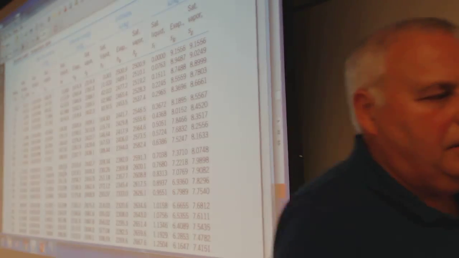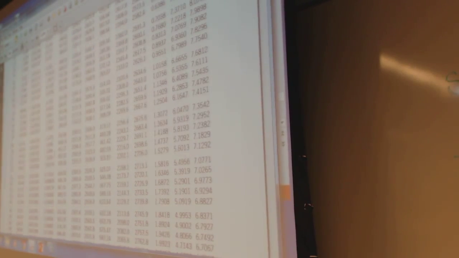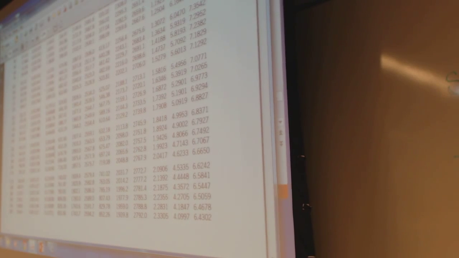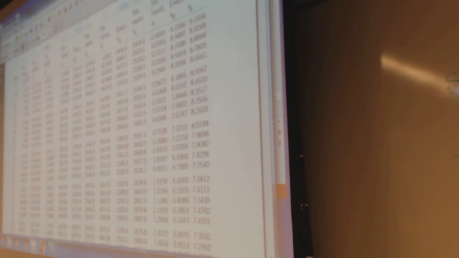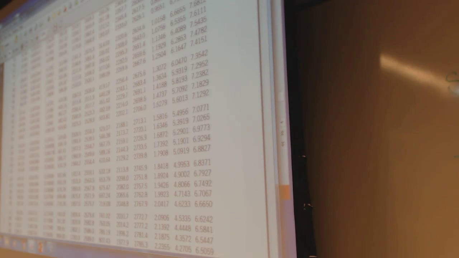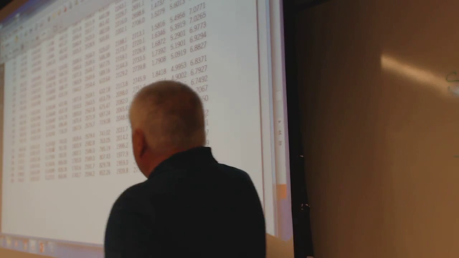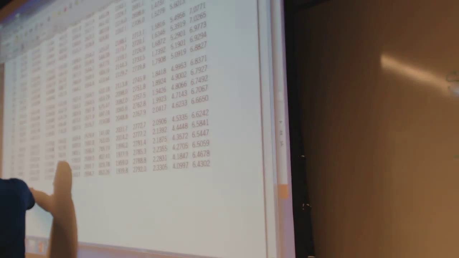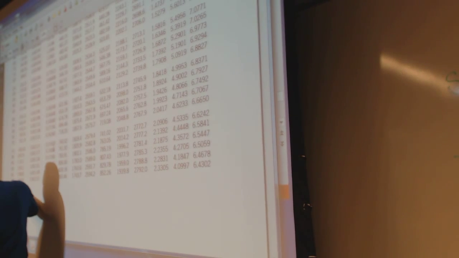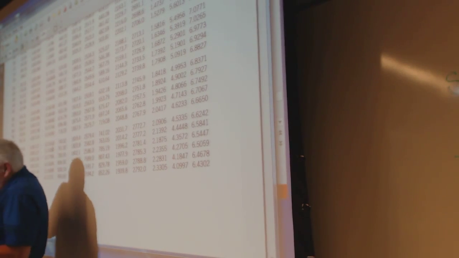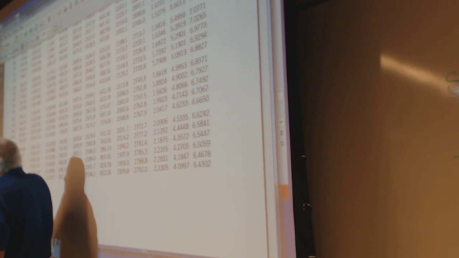It's not in range yet. At 200 degrees C, we would need 1,500 kilopascals to keep it in saturation.